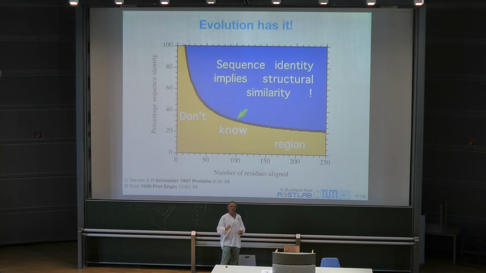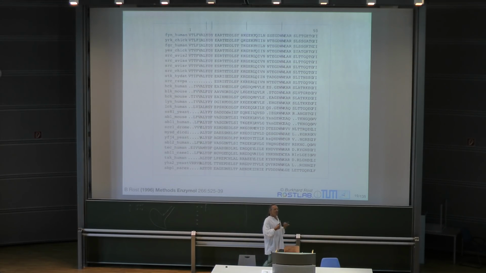This means that if I now looked at the particular changes that are possible in that family, then these changes are relevant for structure and function. So the example is this family shown here.